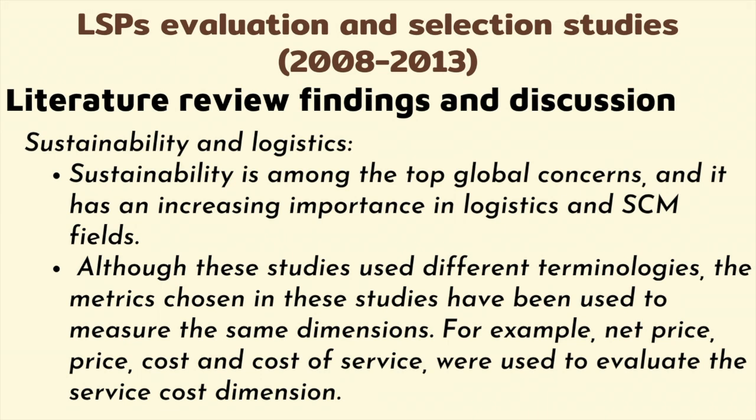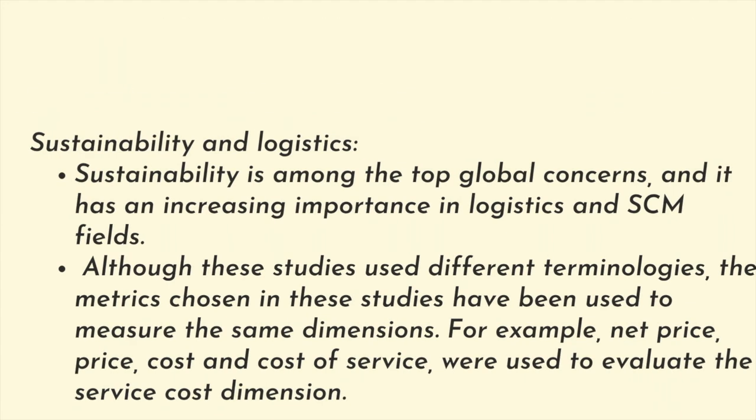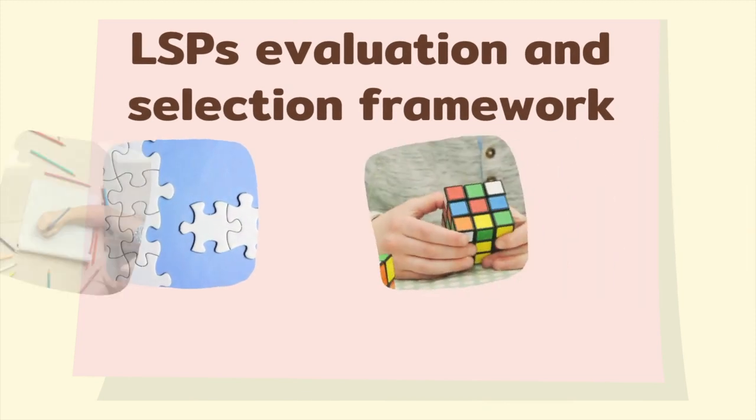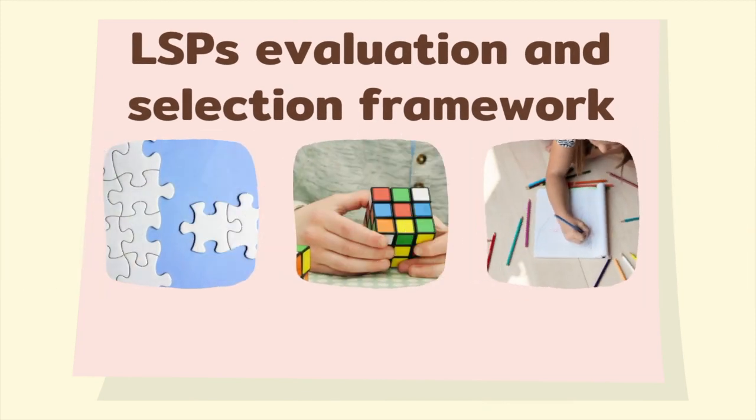For example, net price, cost, and cost of service were used to evaluate the service cost dimension. The next is a chart of comparative selection criteria percentages during different periods.